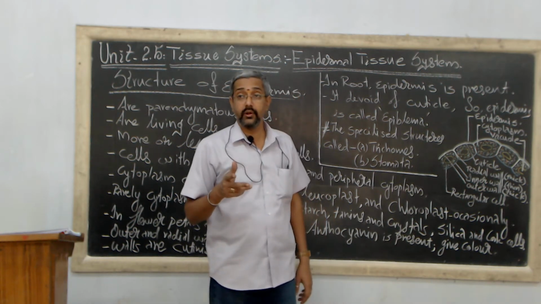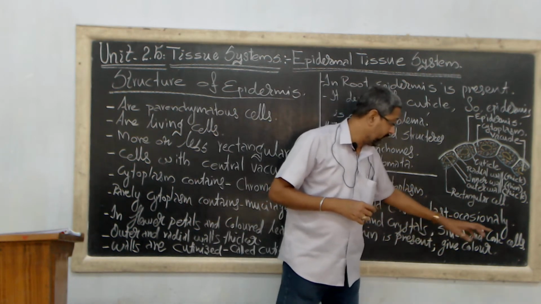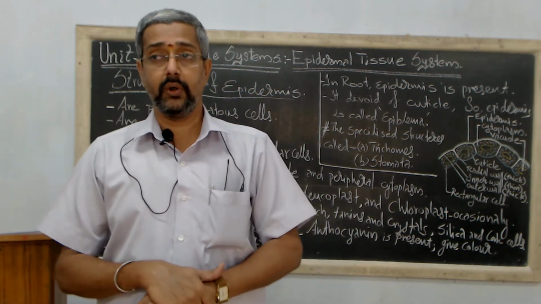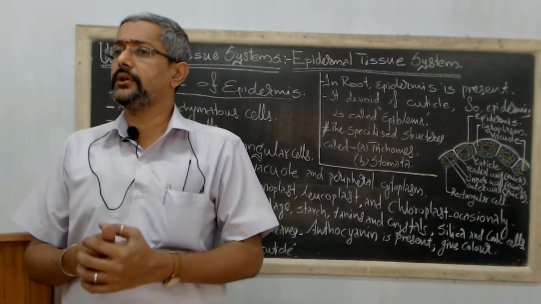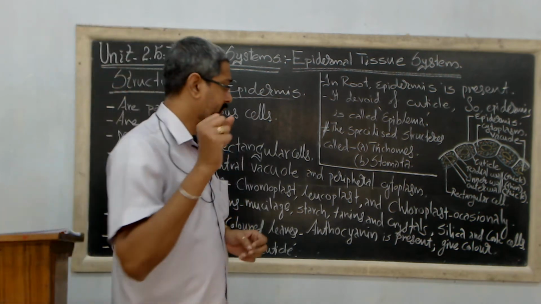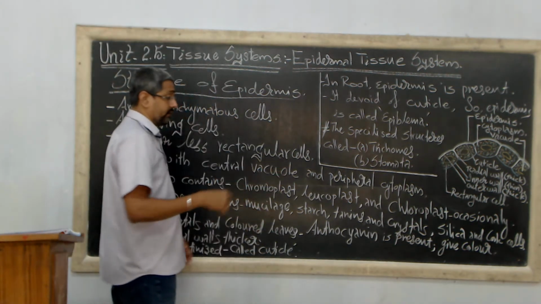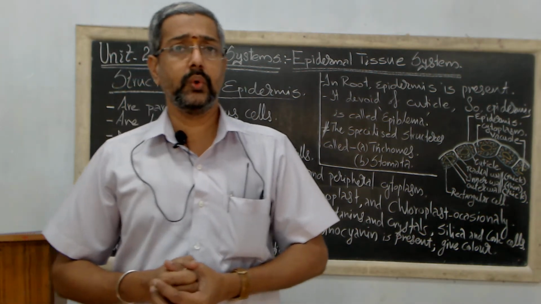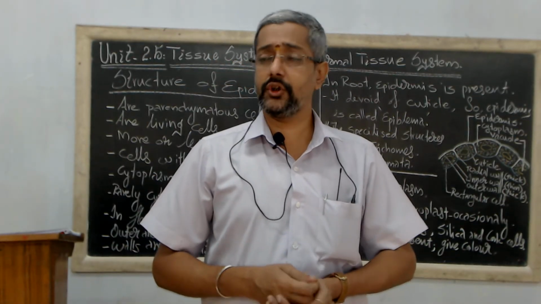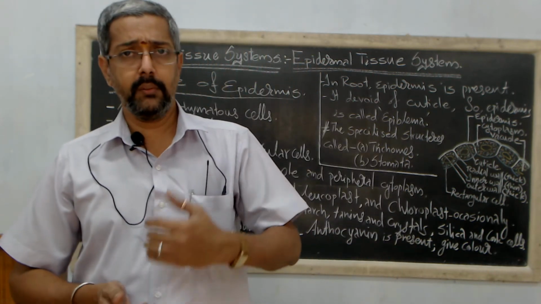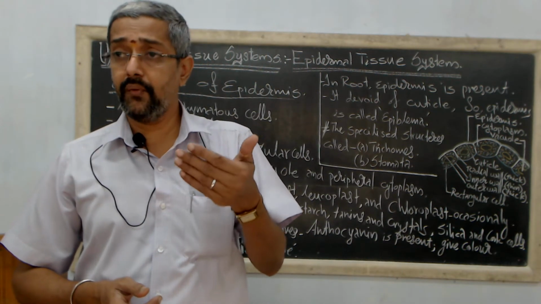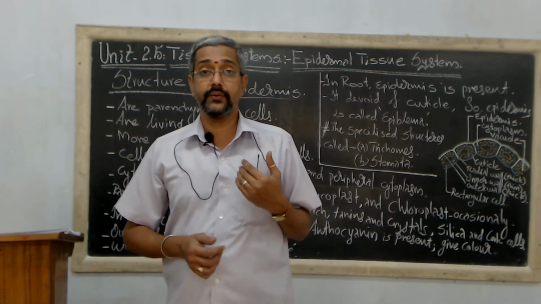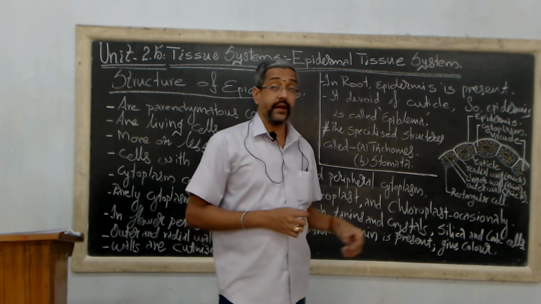In addition, silica and cork cells, so silica is a substance sometimes present inside the epidermal cells. And cork cells appear during secondary growth in thickness, when the outer region shows extracellular thickening, and thereby in some species we can see the epidermal cells contain cork.